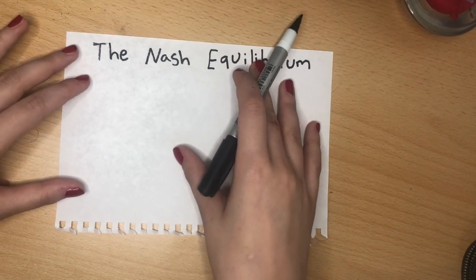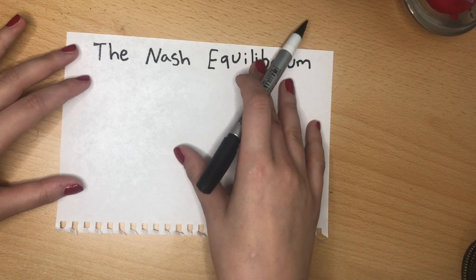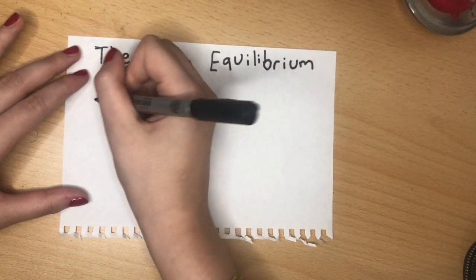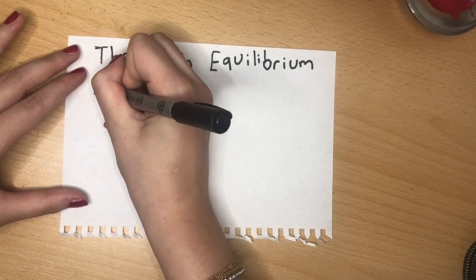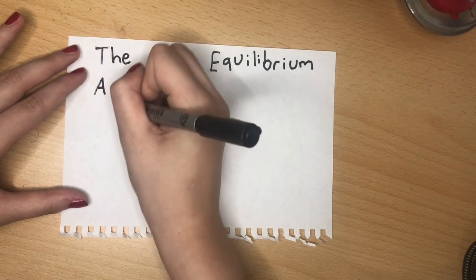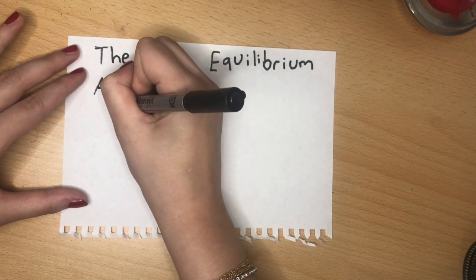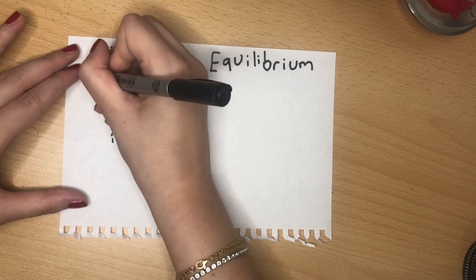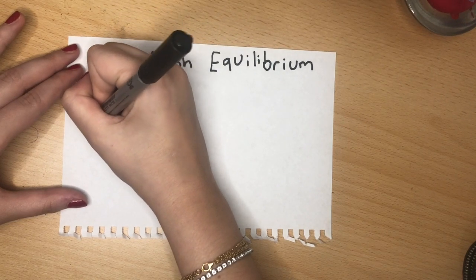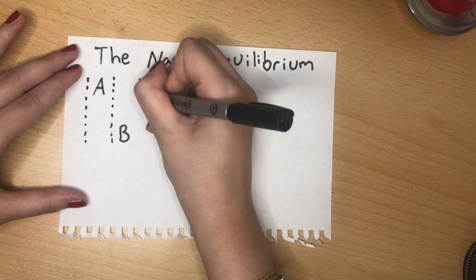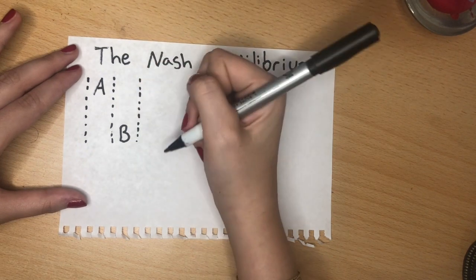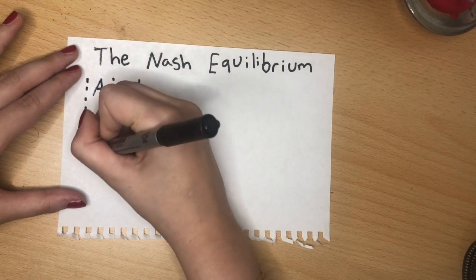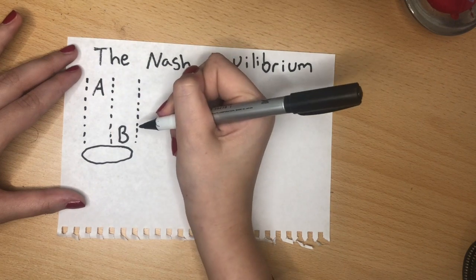So I'm going to show an easy example. Let's call it the walking on the street example. Okay, so let's say we have person A. Person B. The goal of person A is to get on this side of the road.